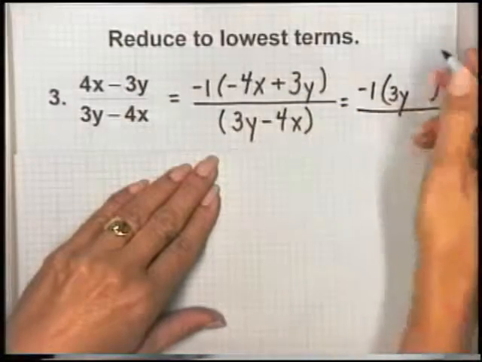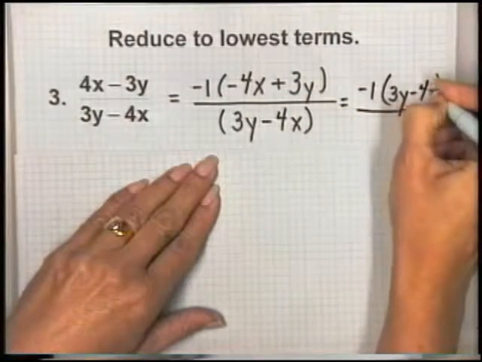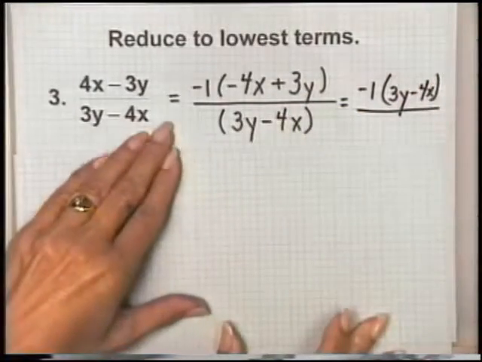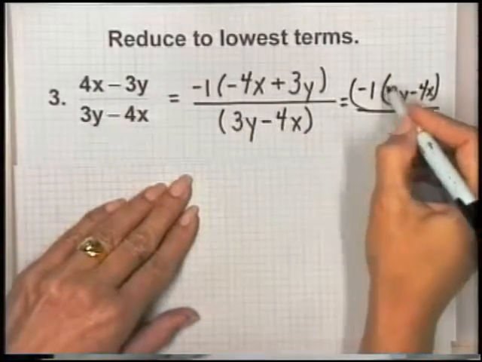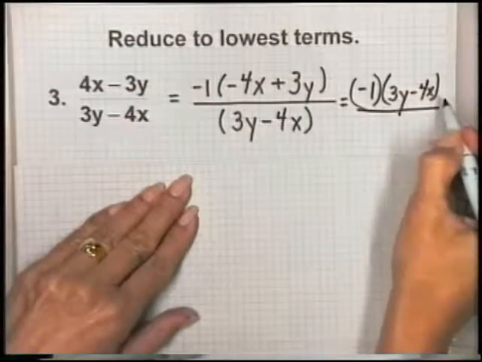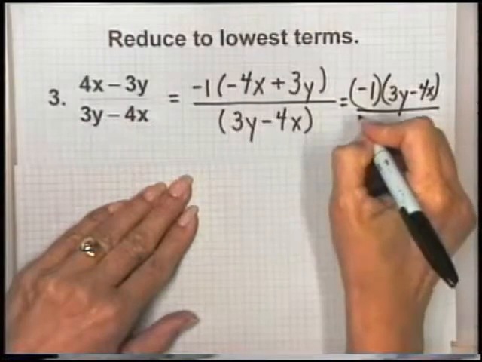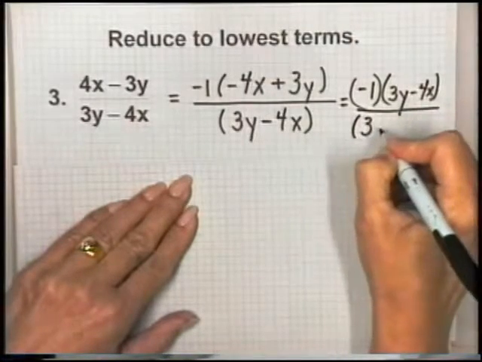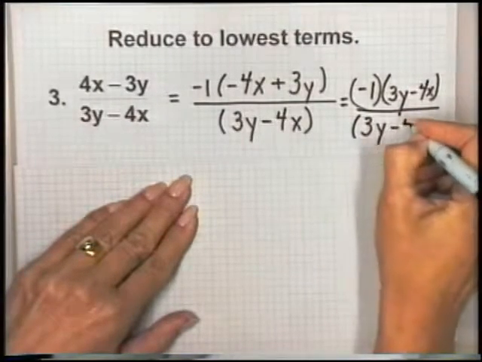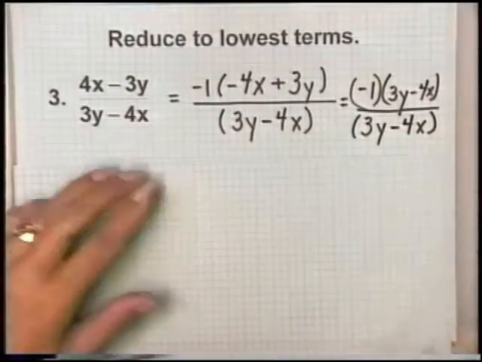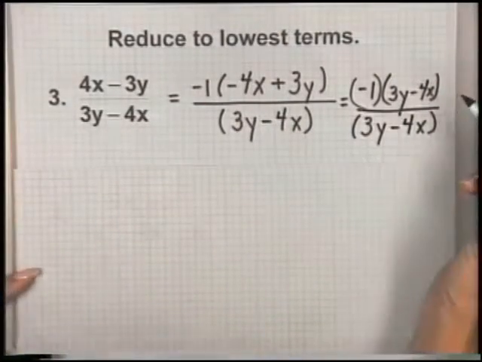Let's write the 3y first, and then the minus 4x. And now notice, I have a negative 1 factor times 3y minus 4x in the numerator, and in the denominator, I have a factor of 3y minus 4x.